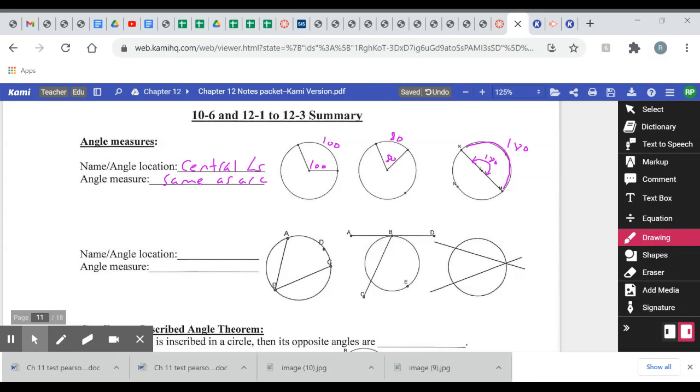All right, if we look down at the next part here, these are all pictures of inscribed angles. And the relationship here is that the inscribed angles are half of the arc. So if I know that arc AC is 100, then I know that the inscribed angle is 50.